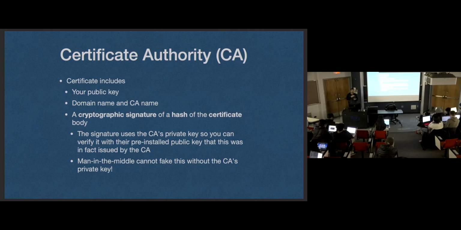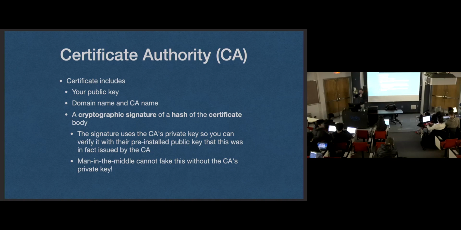The user is going to look up that CA, look up their public key, which might be pre-installed on their device, get their public key, take a hash of the certificate content, and then verify this signature with their public key. So verify the signature with the public key and make sure that when they decrypt this signature, that hash equals the hash that they computed of the body.